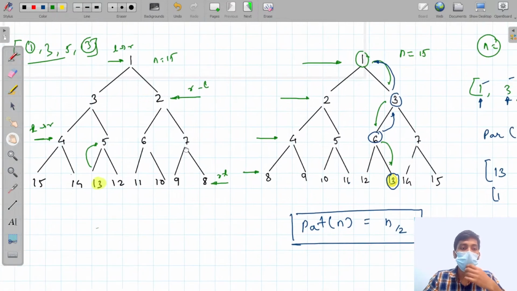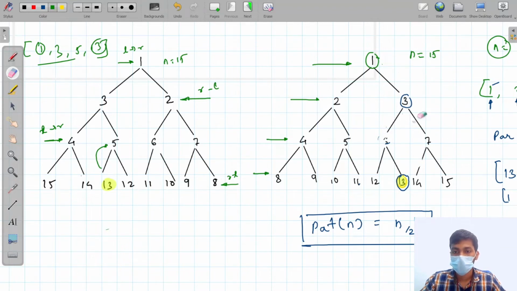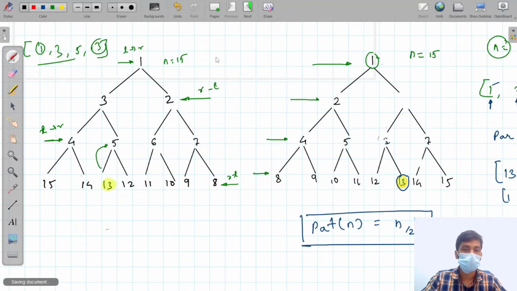Now here comes the comparison: we are going to compare these things. I'll first erase these things, it will look neater. Okay, this is T, right? So now let's start comparing these two trees.